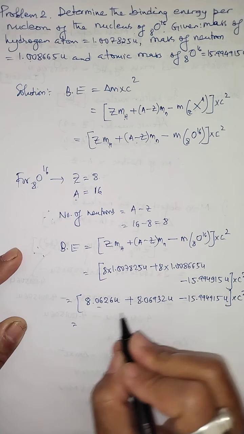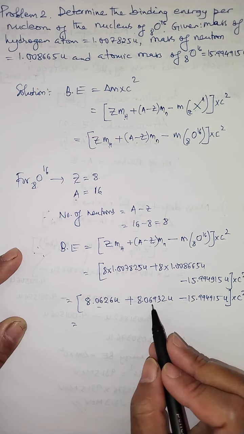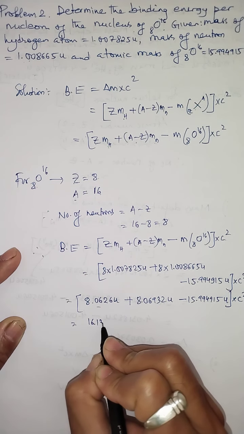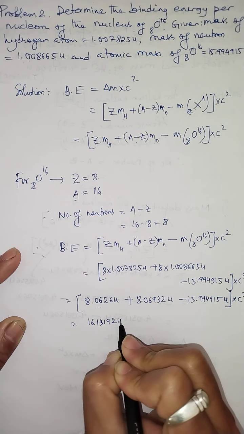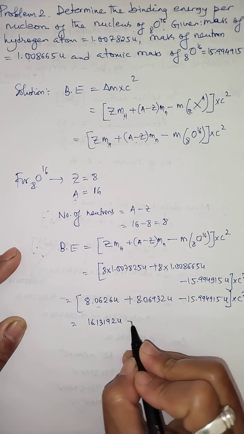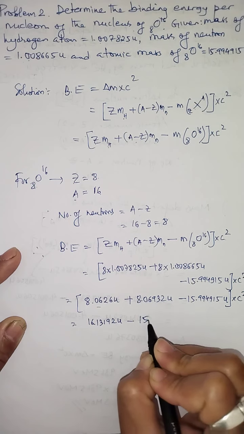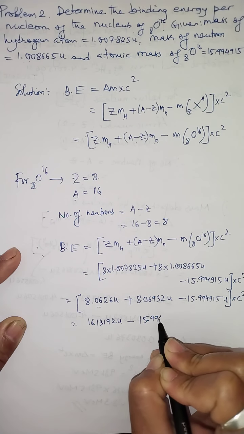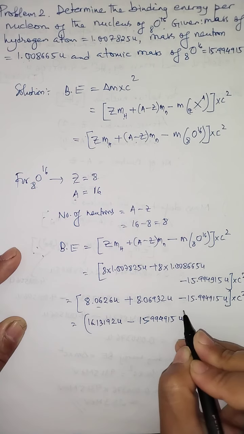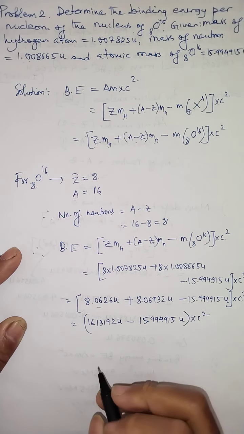Now I add these two quantities. With the help of a calculator, we get approximately 16.13192 U. You can check it and add it. Minus 15.994915 U, and we multiply the whole bracket into C square.